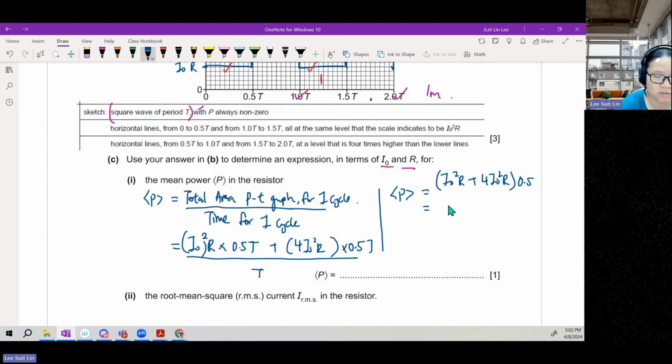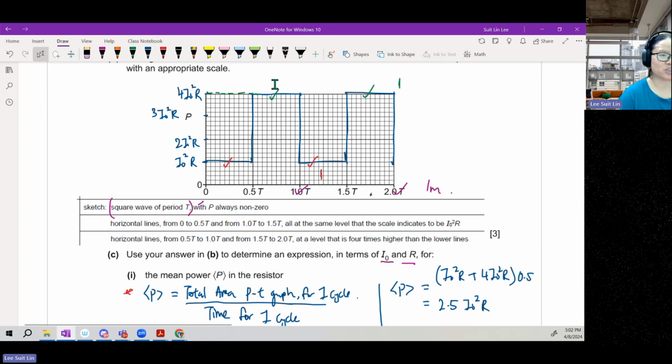So I will get 5 divided by 2, 2.5 I0 square R. Because it's an expression, you are allowed to write 5/2, although I won't do it because I don't want that habit at all. I want to delete it from my system. This one is preemptive, okay? You can divide by 2 here because the time for each interval is the same.